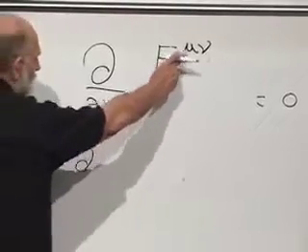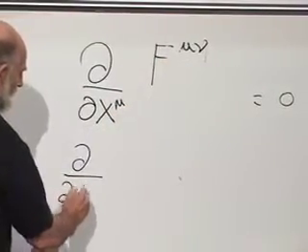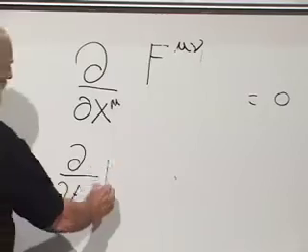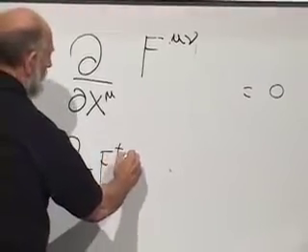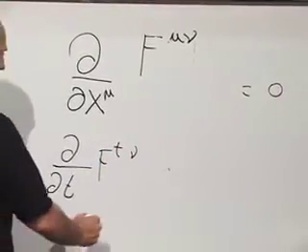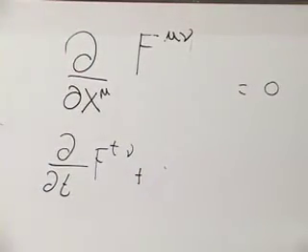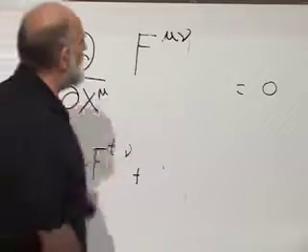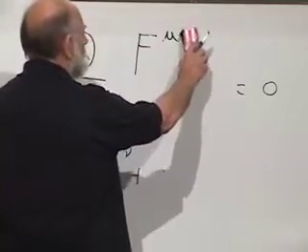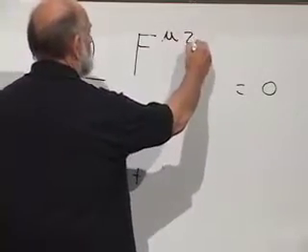First of all, mu can be t, d by dt of F t nu, plus, in fact, let's specialize. Let's take nu to be z, just for fun.